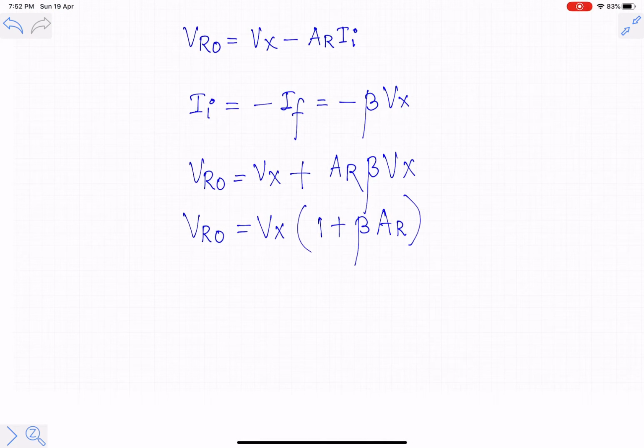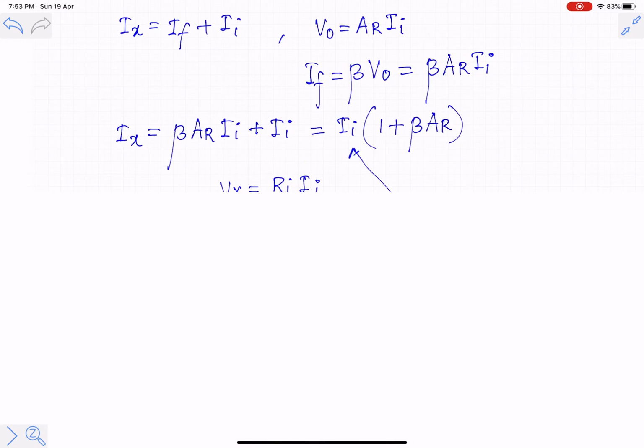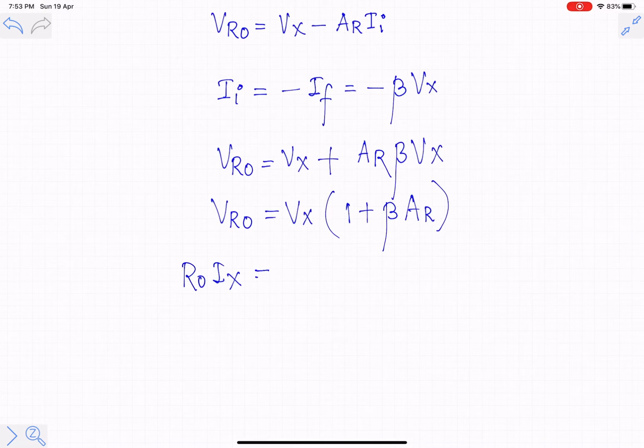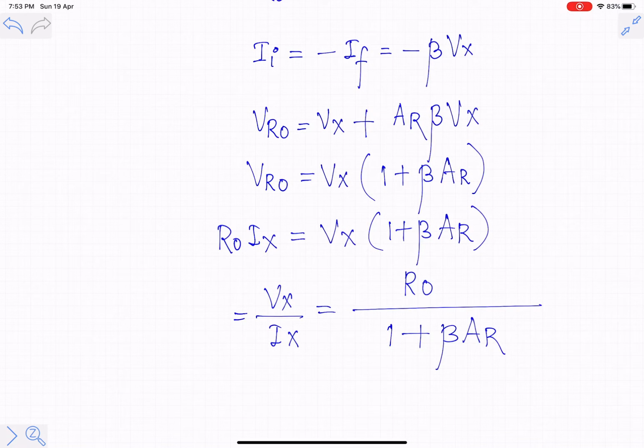The voltage across RO can also be written as RO into Ix, because the current flowing through RO is Ix. So RO into Ix is equal to Vx into 1 plus beta into AR. So from this, Vx divided by Ix is equal to RO divided by 1 plus beta into AR, which is equal to RO closed.